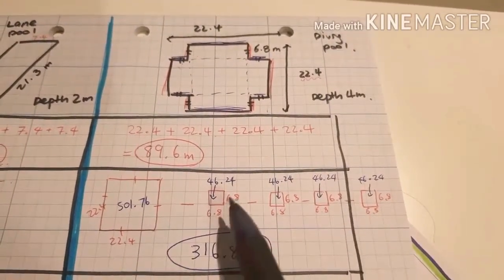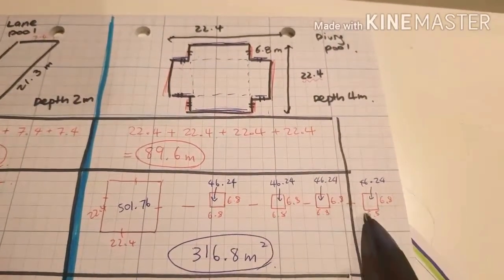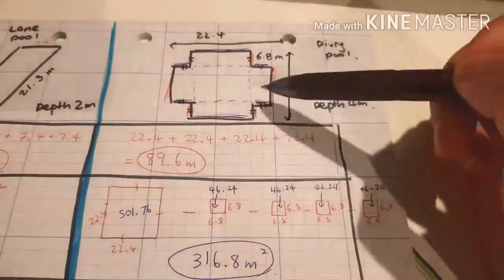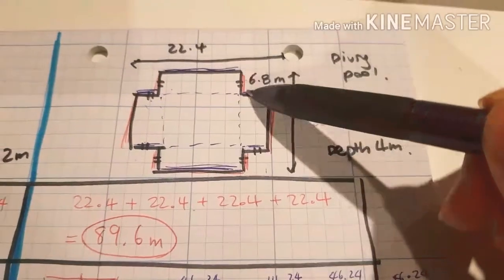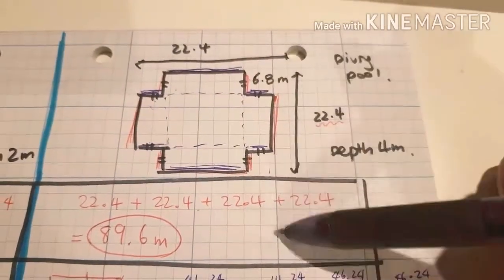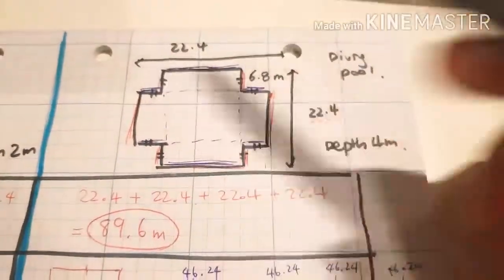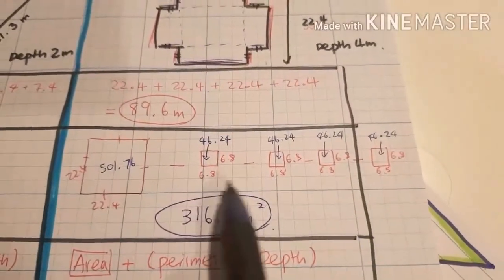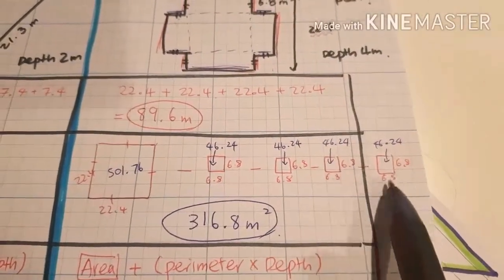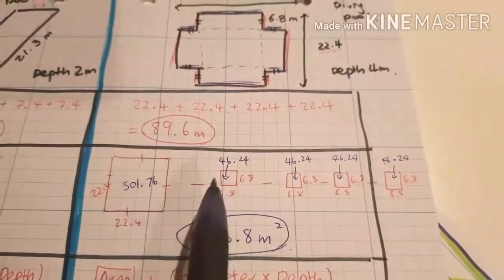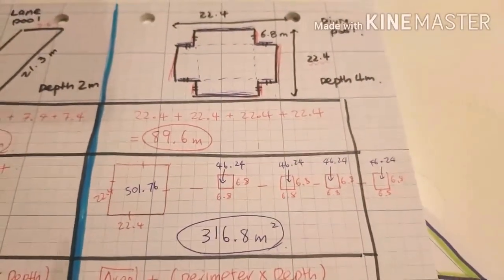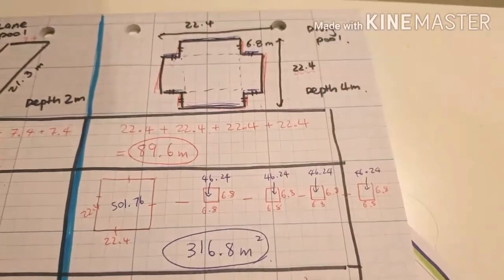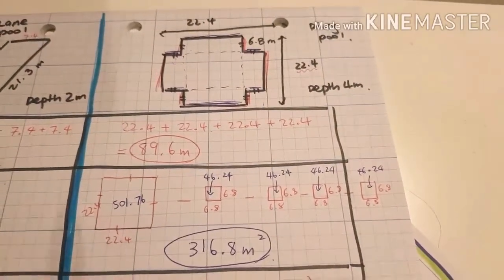Then I minus the 4 tiny squares, 6.8 by 6.8, 1, 2, 3, 4 of them. I calculate the area for each one and minus it, or you can find 1 and times 4, whatever method, it will work. And that's going to be my area.